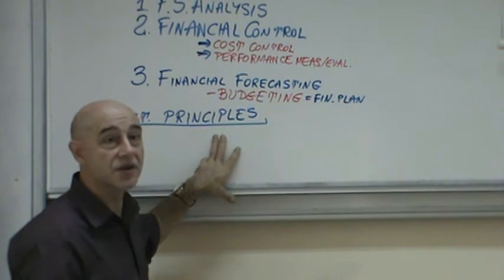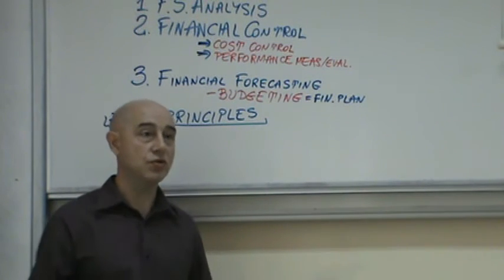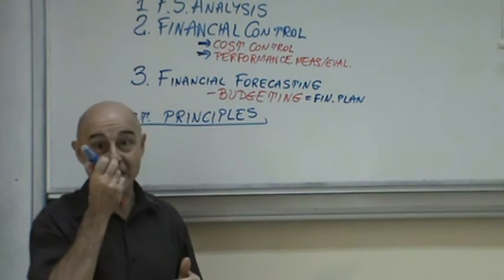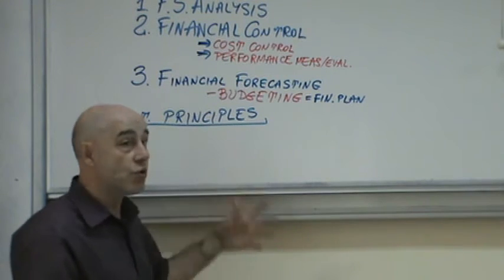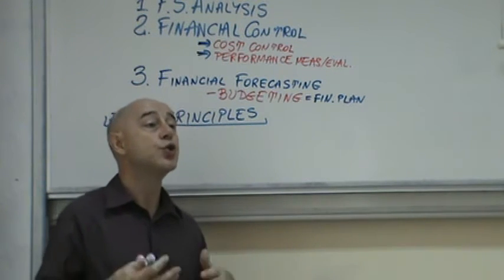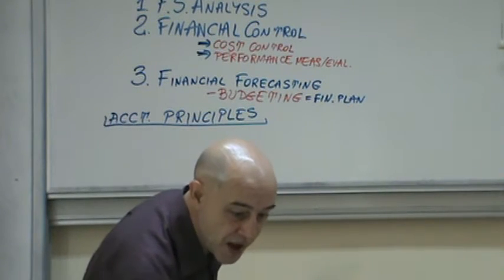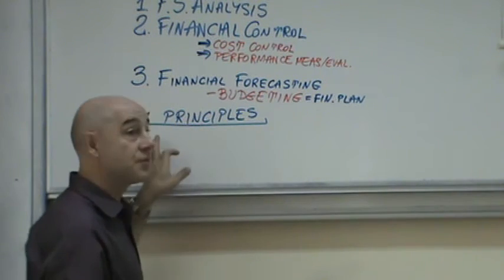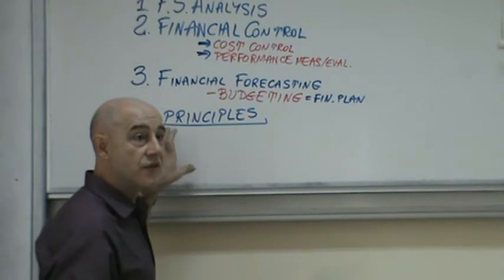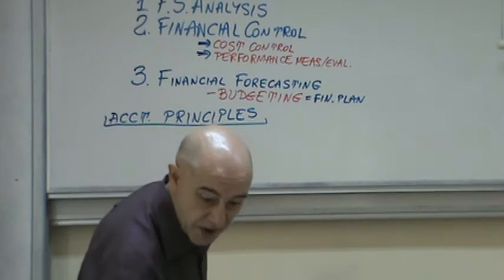Principles in this particular case means rules. Rules that you typically follow. Rules that guide you to do the right thing. So there are a number, 6 or 7, accounting principles. Here, for summary, we have only 3.